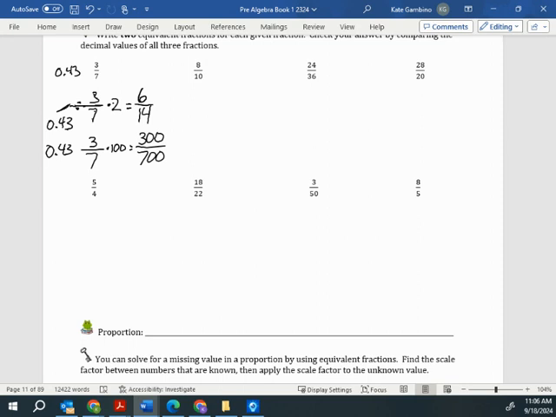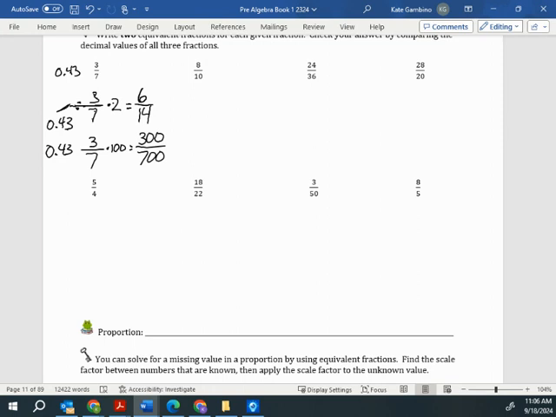Well, 6 divided by 21 would be 0.29. Oh, that's a different decimal. I messed up with my multiplying again. So that's why we double check with those decimals for all 3 numbers to make sure that they actually have the same value. Because it is super easy to make a simple mistake with our math, especially when we're feeling confident and we go too fast.